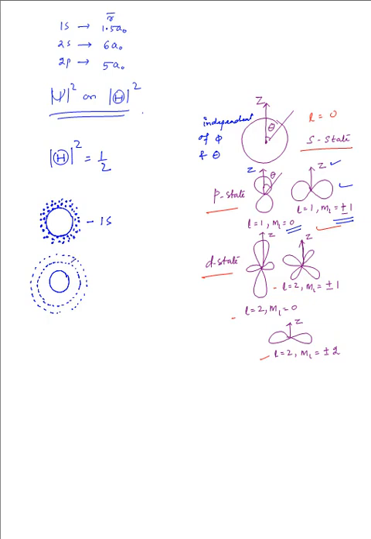So the shaded portion here is the portion that we are going to expect the electrons to be in. We will also be expecting the electrons to be in this region, but there's a blank space in between.